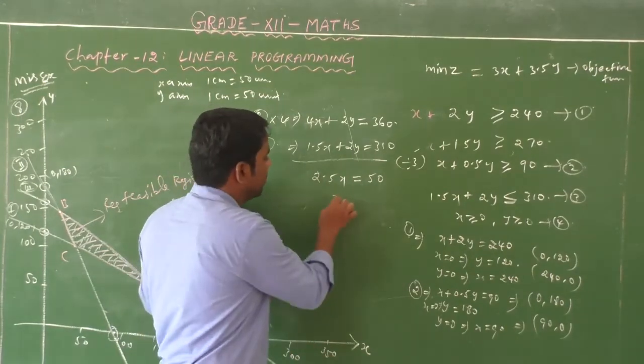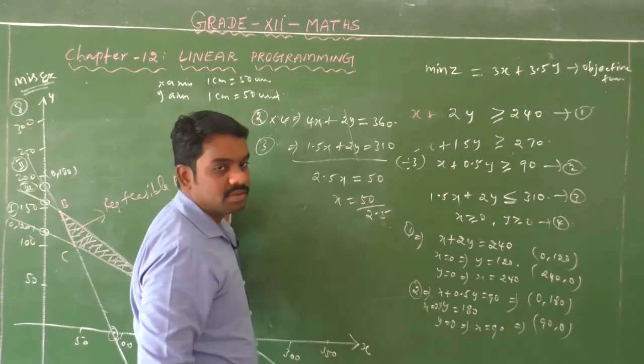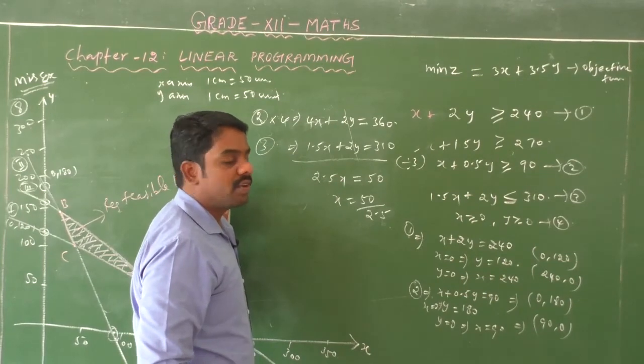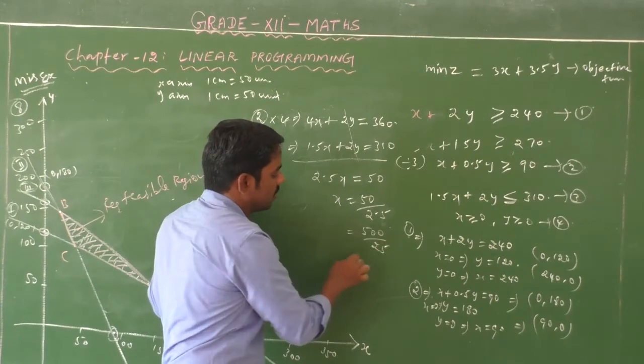Then x is equal to 50 divided by 2.5, which is 500 divided by 25.